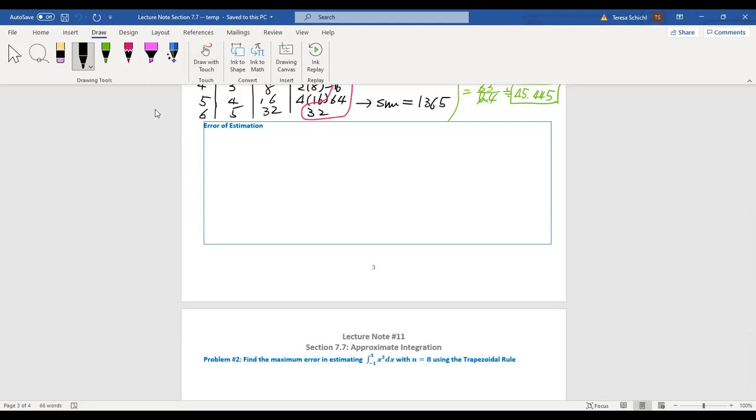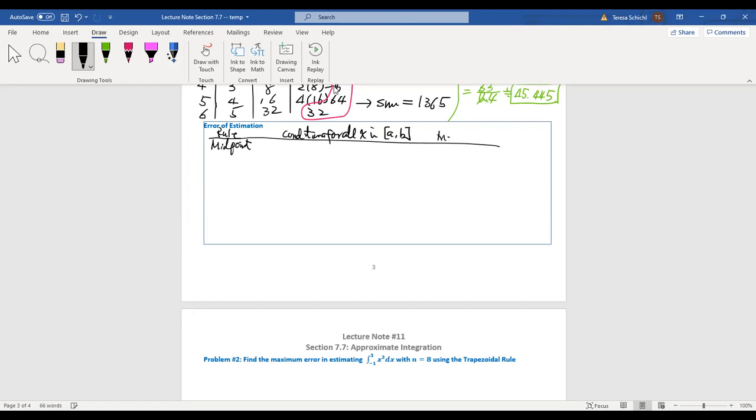Now let me write it down for you. For the midpoint, let's do a table here. This is our rule, and these are the conditions for all x in [a, b], the interval here.